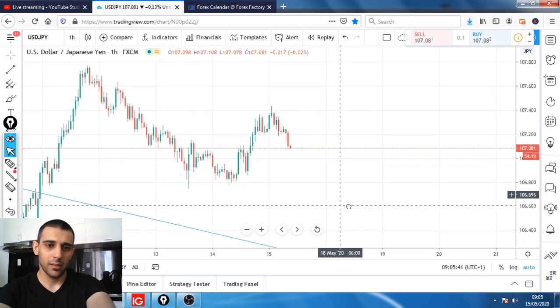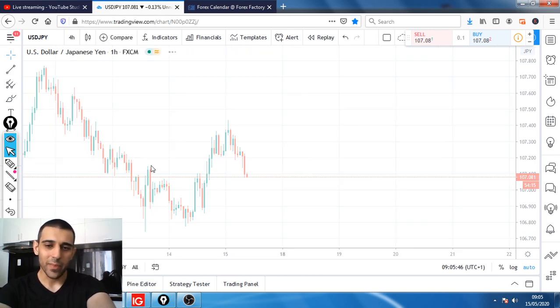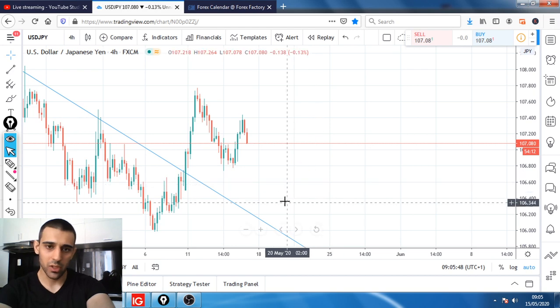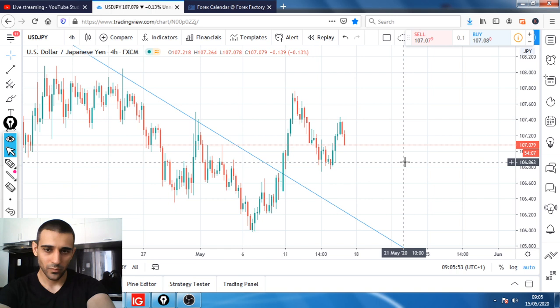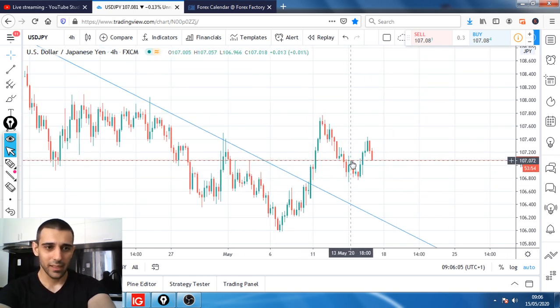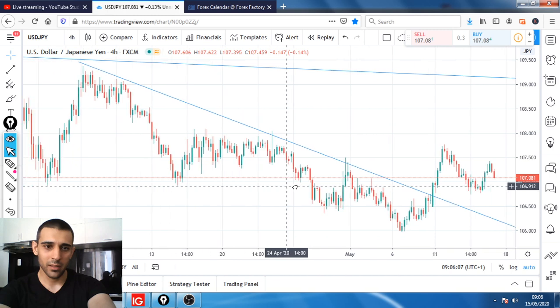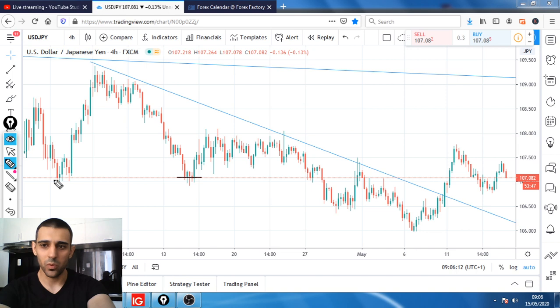Let's see where the price might be heading. 106.90 could be the next potential, but we're not even 20 pips away. Price is testing this support level down here.